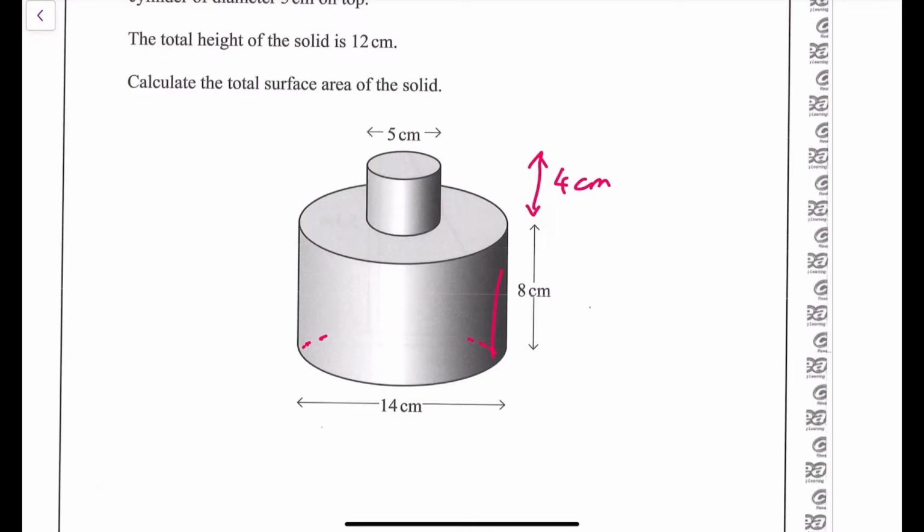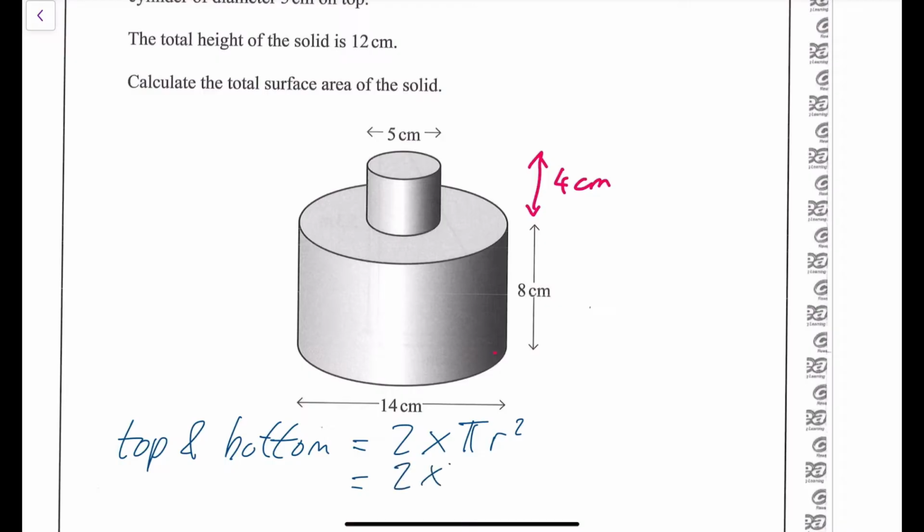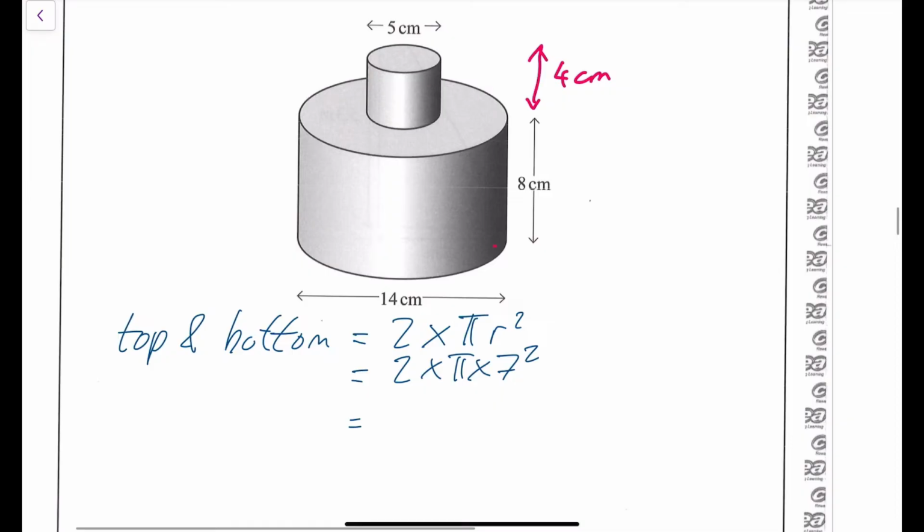So I'm going to say top and bottom, I've got 2 lots of pi r squared. So that's going to be 2 times pi times 7 squared, which is 49 pi, 98 pi.